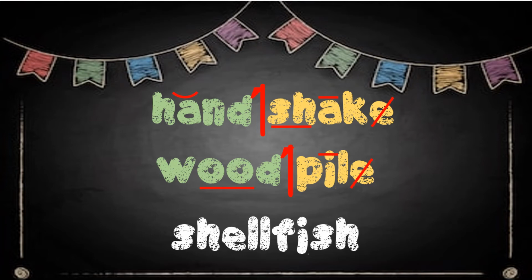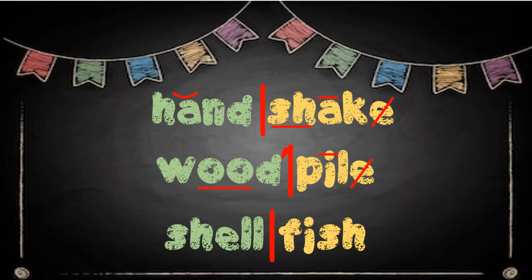Let's look at our last word. Where are the two words? We have shell, fish. Now, where would we divide this word? We're going to divide this word between the L and the F, and we're going to put an accent mark after the first word.